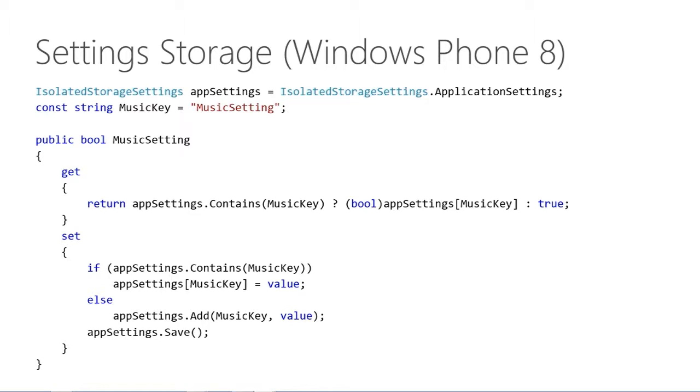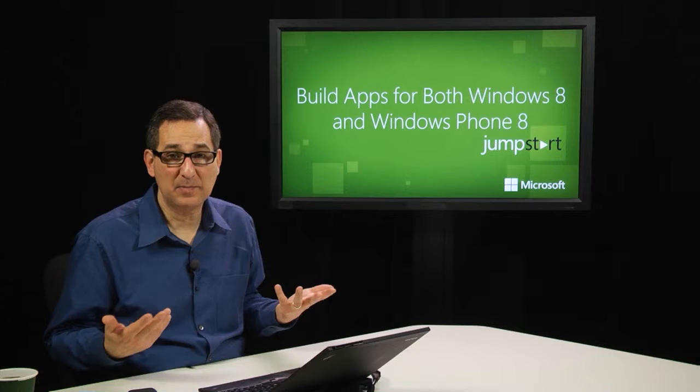When I get that, it retrieves it using the isolated storage settings, application settings. And when I'm setting it, again I'm using the isolated storage settings to save that to my local storage. So pretty straightforward. It's actually quite easy to do in both cases. It just happens to be quite different.